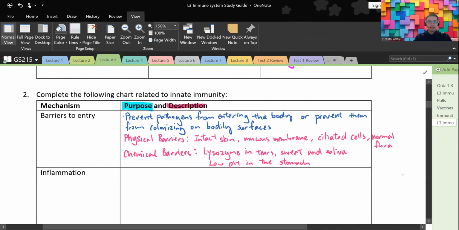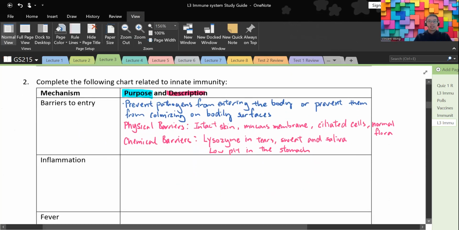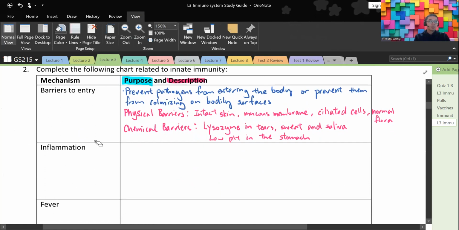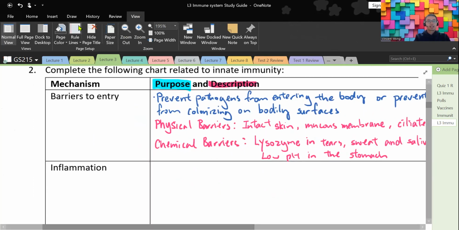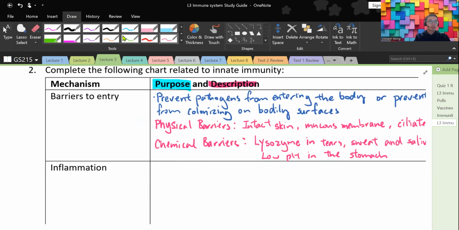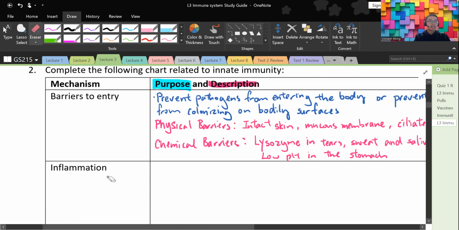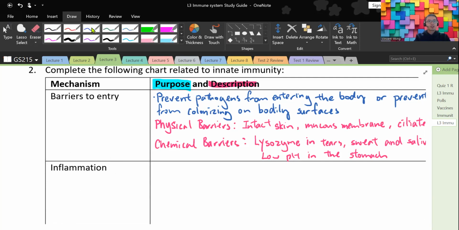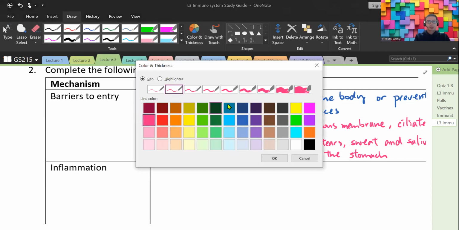The best defense is to not let them come in at all. But if they do come in, we can sometimes slow down the infection by mounting an inflammatory response. So help me out here. What cell is responsible for creating the inflammation? Does anybody remember? That's right.